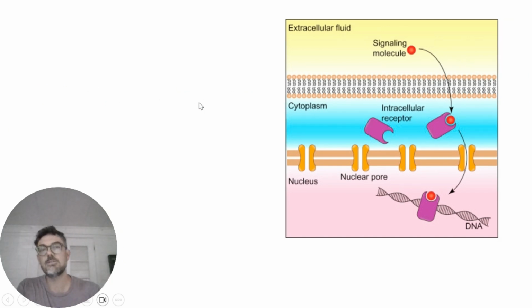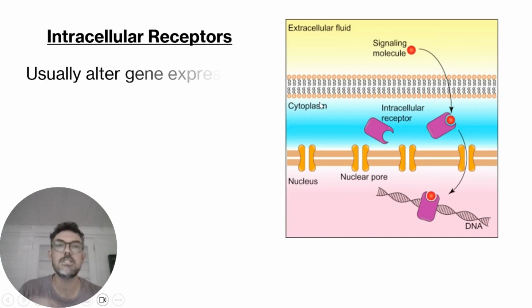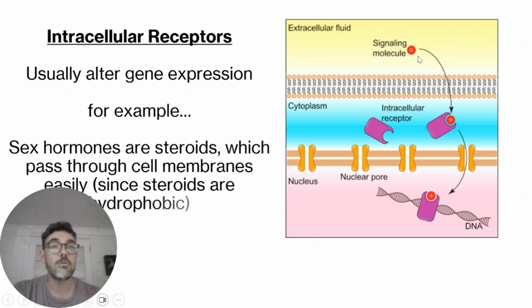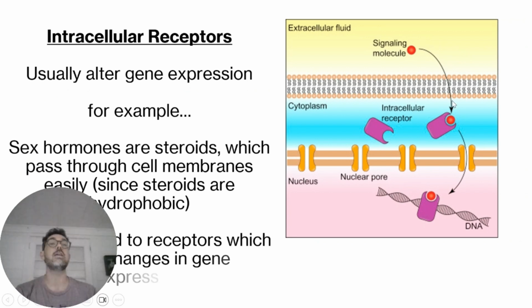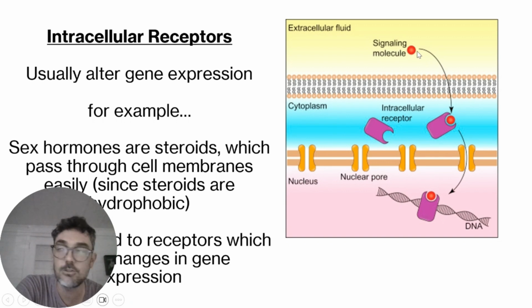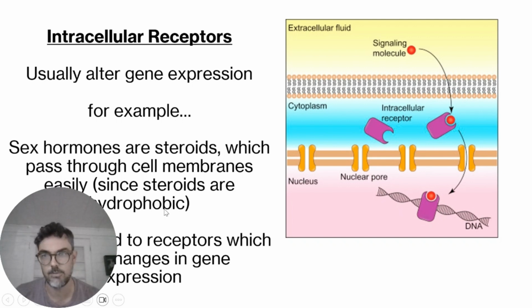But let's talk about some differences real quick. The intracellular variety is inside the cell. Therefore, the ligand has to move into the cell before it can bind to the receptor. You should already know what kinds of molecules can pass through the phospholipid bilayer, but I'll tell you anyway: hydrophobic molecules.